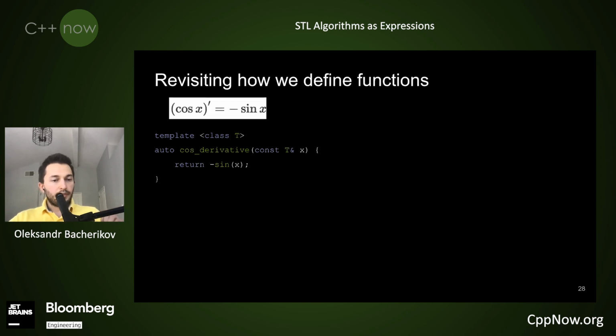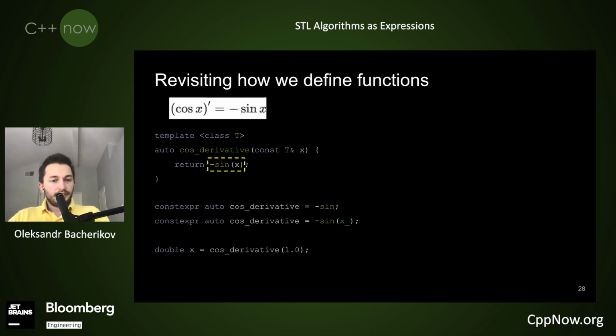But what I'd like to note in here is that all the important information is inside the return statement. So wouldn't it be nice if we didn't have to write all the other boilerplate code that we have here? For example, if you could define our function this way.